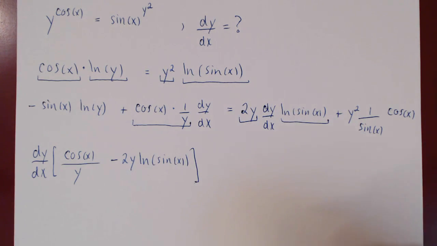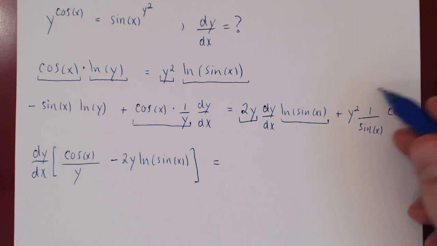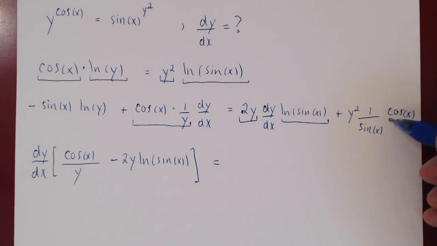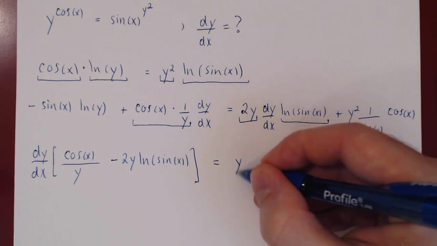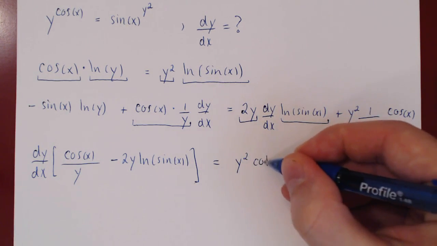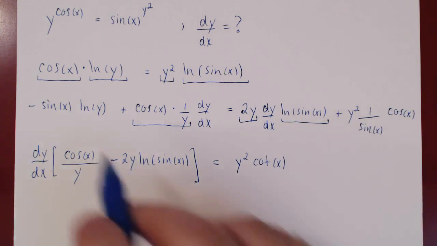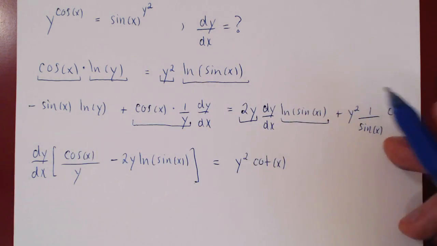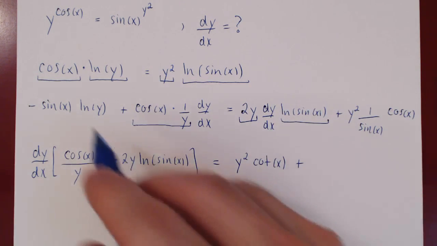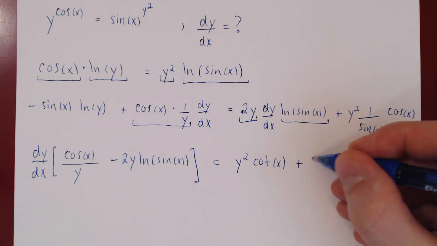That's the left-hand side, equals, well, this term, now if you think of it, sine over cos is tangent, cos over sine is cotangent, so we can write this simply as y squared cotangent of x. And this term now we send on the right-hand side, and it will become a plus sine of x ln of y.